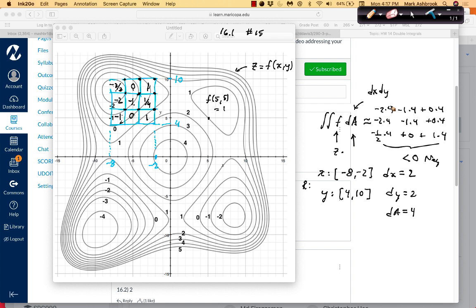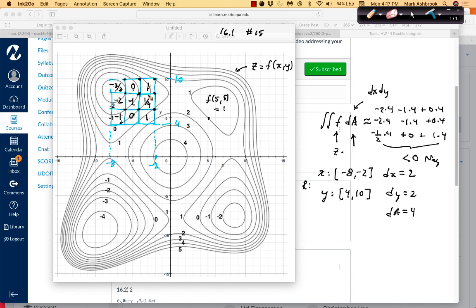That'd be -3/2 times 4, 0 times 4, 1 times 4. I'm just going across here. -2 times 4, -1 times 4, 1/4 times 4, etc. And then adding all those up. That's what this double integral means: adding up a bunch of z times dA, z times dA, z times dA, and adding all those up. So we would get a different estimate now, right?